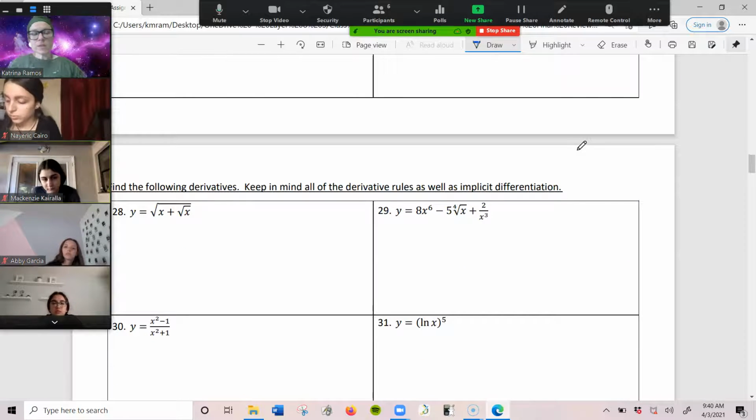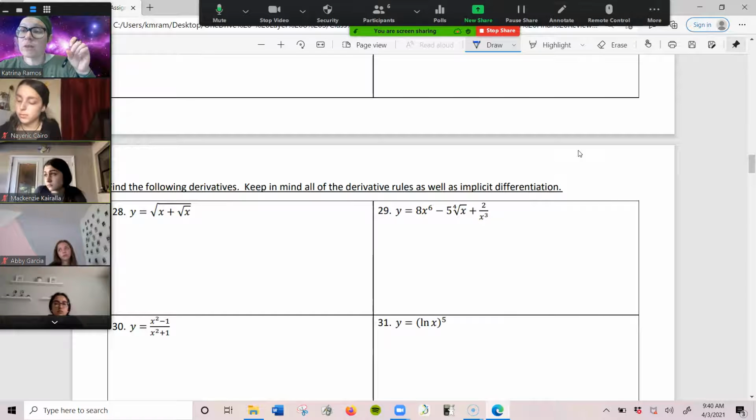Okay, so this one, basically to find this derivative, these were just derivatives, okay? They're kind of mixed in with implicit. I didn't want to have separate sections, I know it's a long assignment already. So here everything is already just in terms of x. So we just have to rewrite this in a way that would make it easier to take the derivative, meaning we want it like in a polynomial type equation.